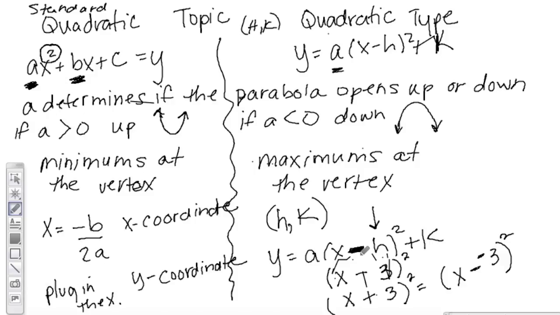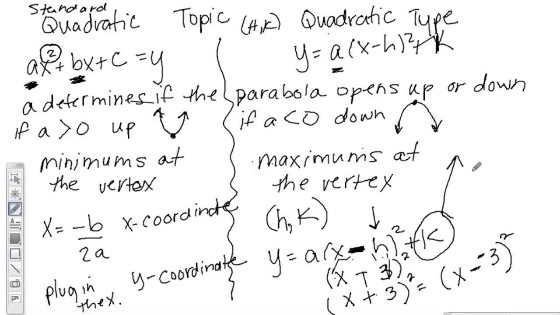Please remember that the minimum or the maximum occurs at the vertex and in fact occurs at the y coordinate of the vertex. So in this case, when it is in HK form, this value right here will tell you where your minimum or your maximum is at.